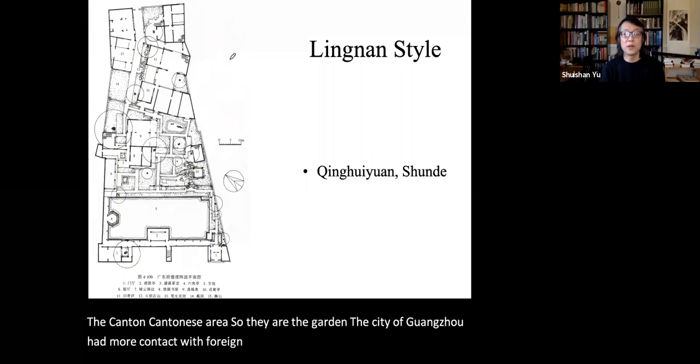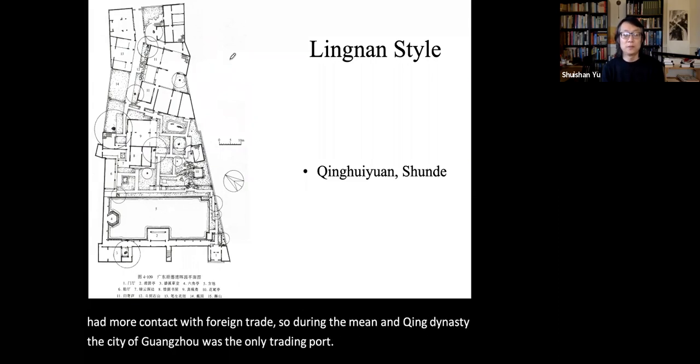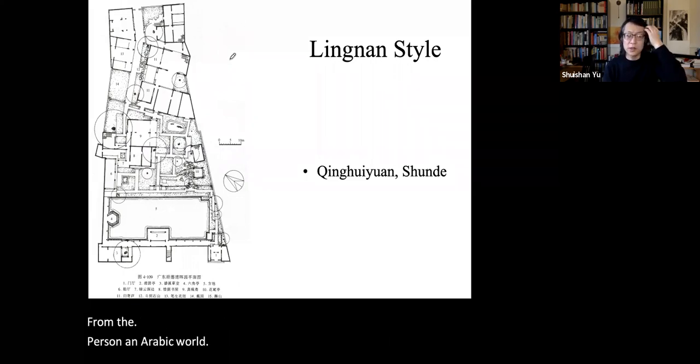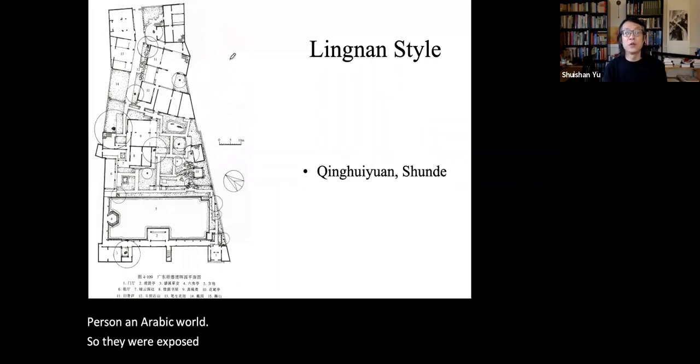During the Ming and the Qing dynasty, the city of Guangzhou was the only trading port doing business with Westerners and people from the Persian and Arabic world. So they were exposed to foreign influence.